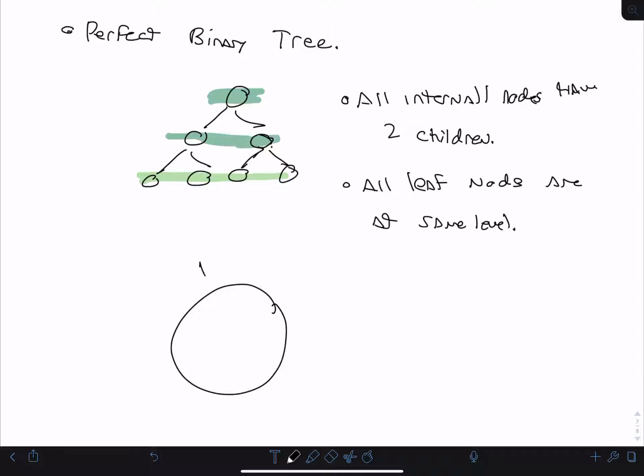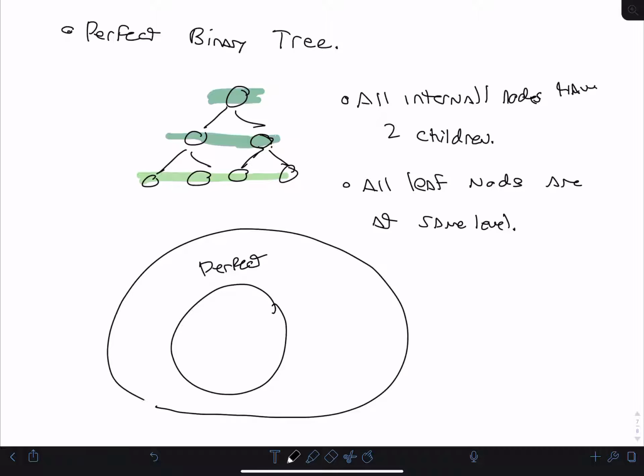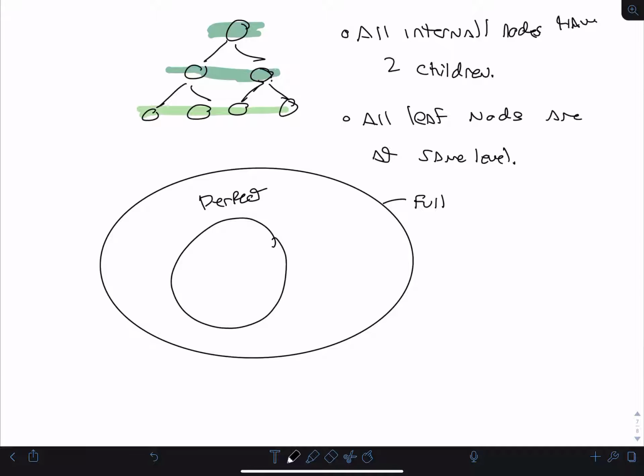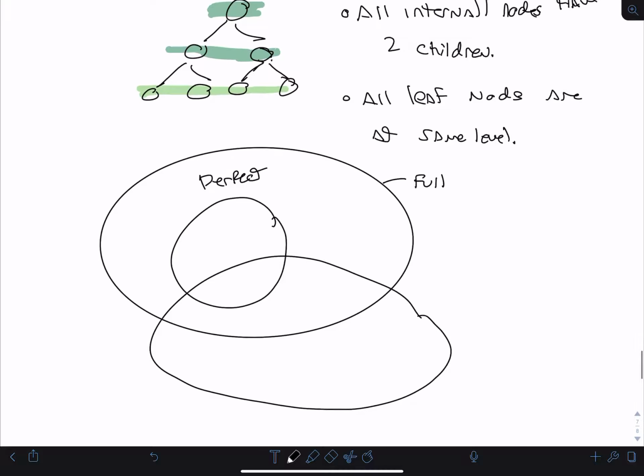This is a perfect. And then from there, yeah, it became an egg. This is going to be a full, and I think maybe this way. This would be a complete.